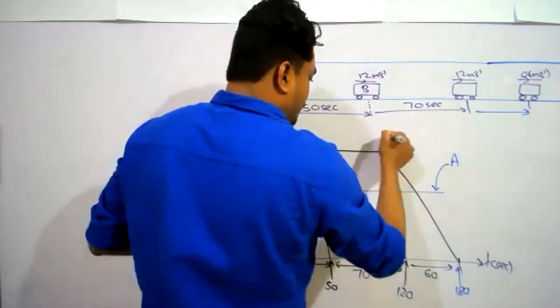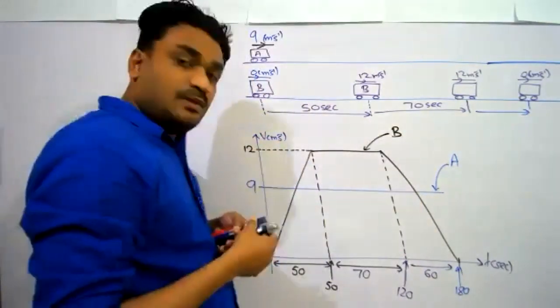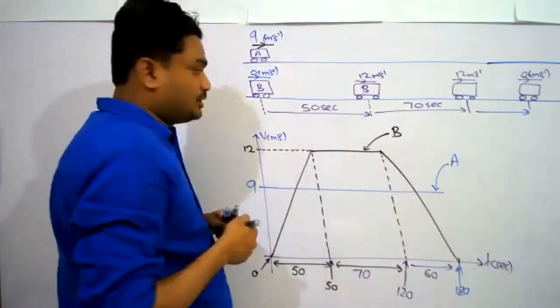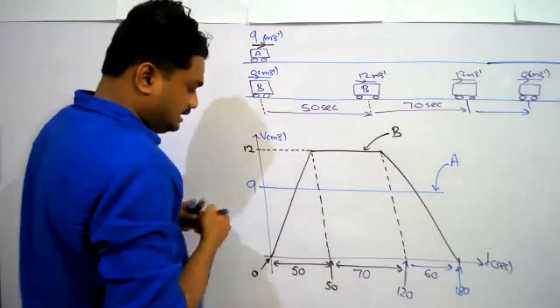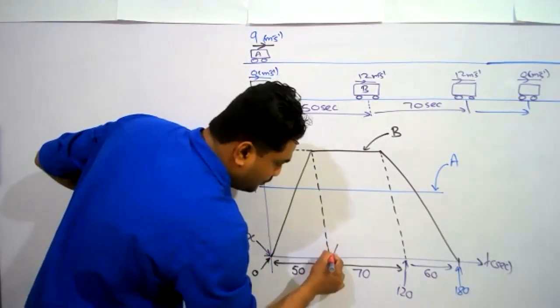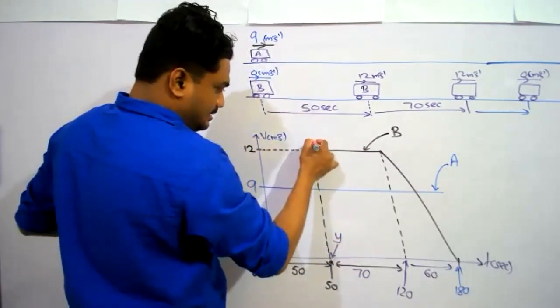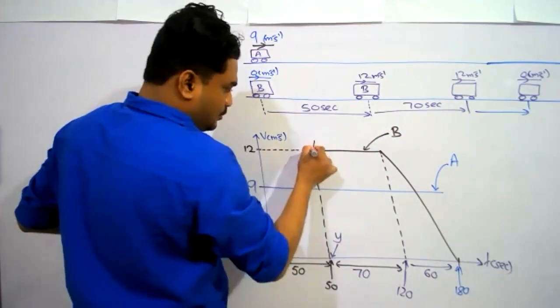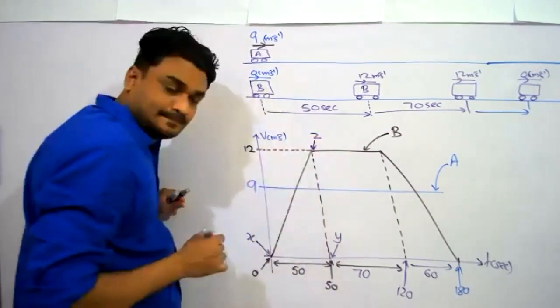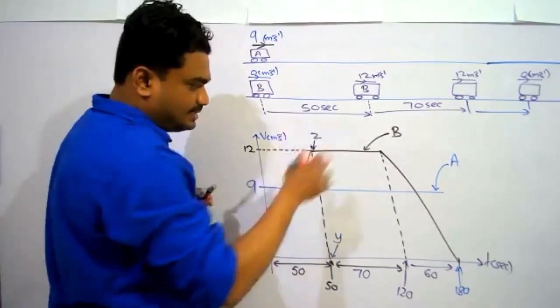So this is the graph of B. Let me mark some points to explain the motion. Let me take this point as X, this point as Y, and this point as Z. X, Y, Z.